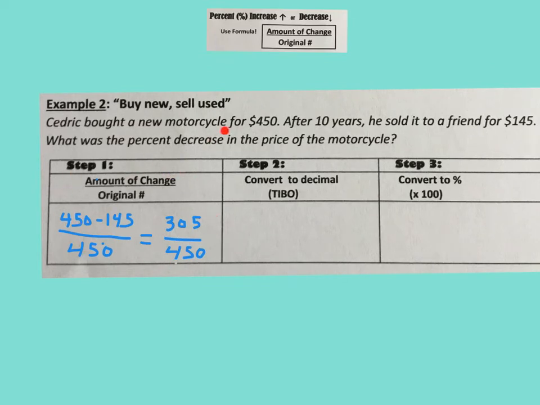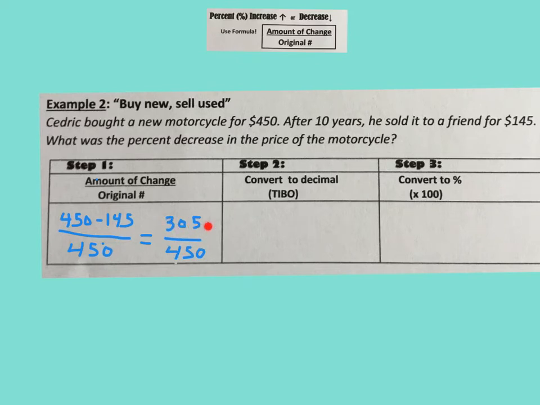So the amount of the change, it went from $450 down to, and I sold it at $145, so it did decrease by $305. So that goes on top. And then what price did it start with? Well, it started at $450. That's the original price I bought it at. So that goes on the bottom. So what is the percent change?